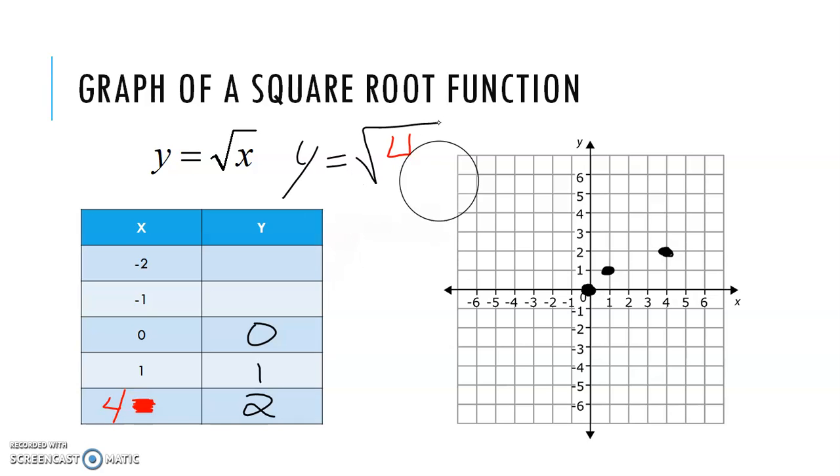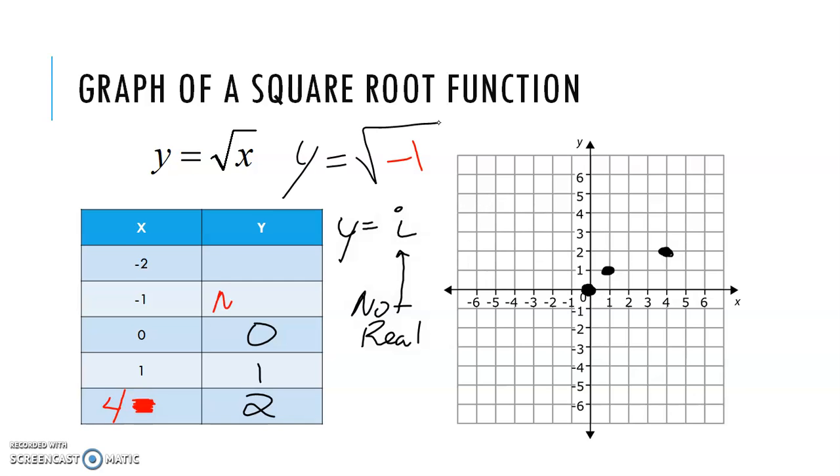All right, now let's work the other way. Let's work our negatives. What is the square root of negative 1? Well, we just talked about this, but that is an i. An i is not a real number. And the issue with that is, we know how to do that now, but can you graph a number that's not a real number? No, because this is a real number coordinate plane.